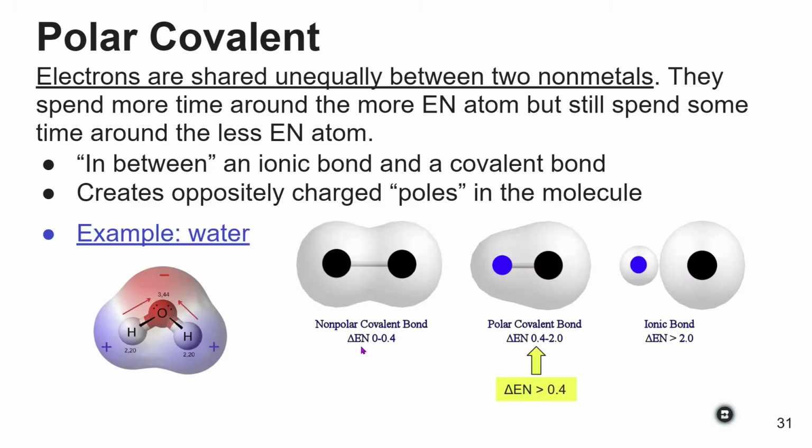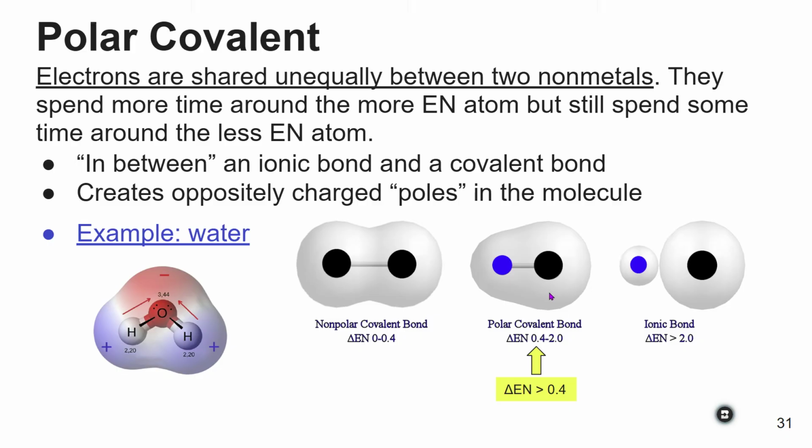Now take a look carefully at this electronegativity value. Non-polar covalent bonds have a difference in electronegativity between the 2 atoms of 0 to 0.4. If the difference is within that range, it would be nonpolar and the electrons would be shared equally. However, for polar, it's a pretty wide range: if the difference is greater than 0.4 and less than 2, it's polar.